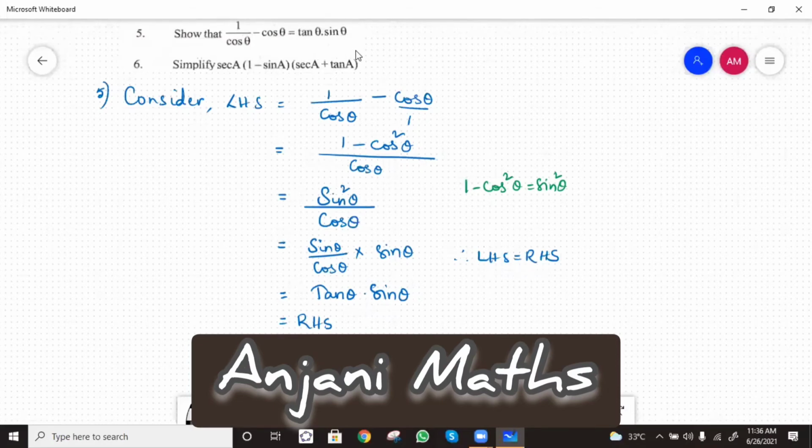Since the answer is tan theta into sin theta, we write sin square theta as sin theta into sin theta, and we have cos theta in the denominator. What is sin theta by cos theta? Tan theta. We keep that sin theta as it is. So we get right hand side. Therefore, left hand side is equal to how much? Right hand side. Let us move to the sixth problem.